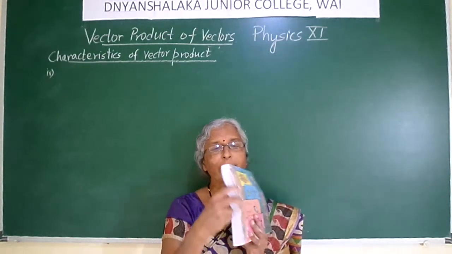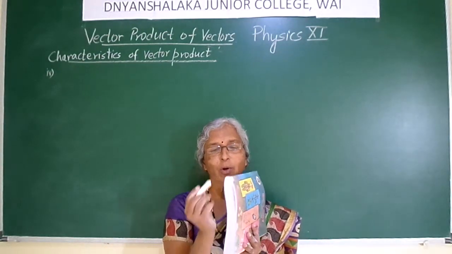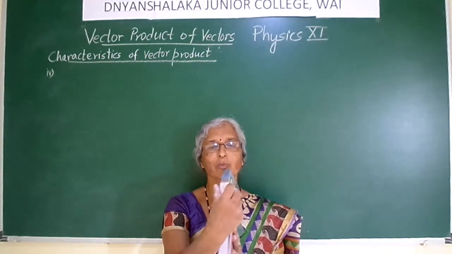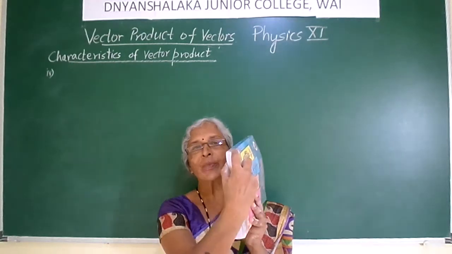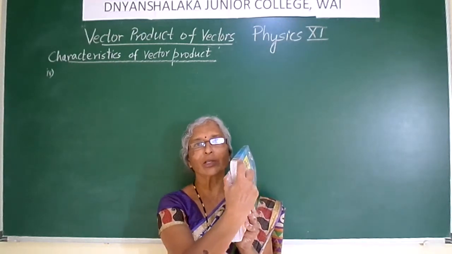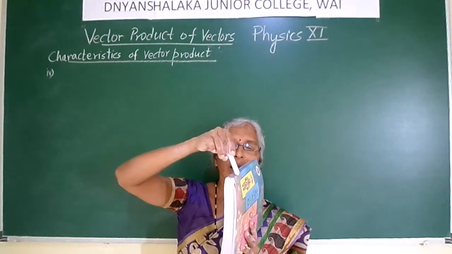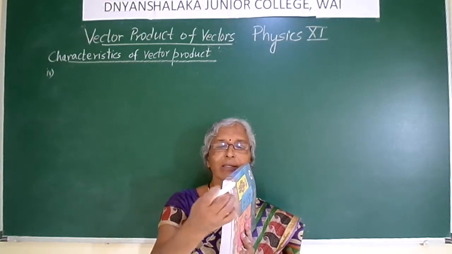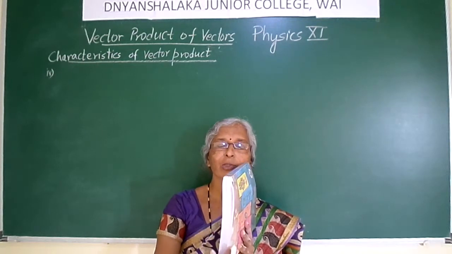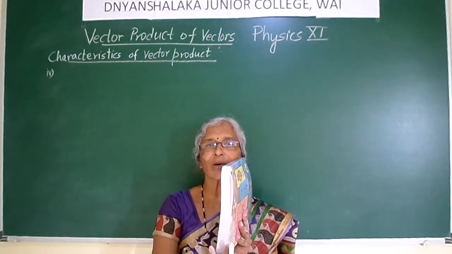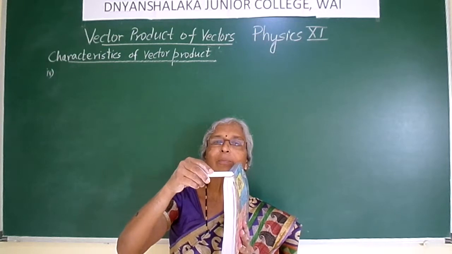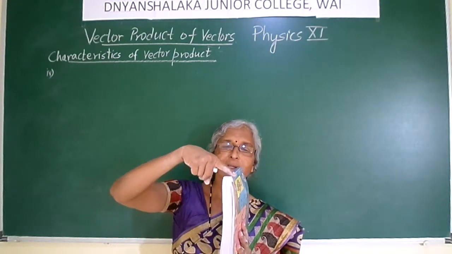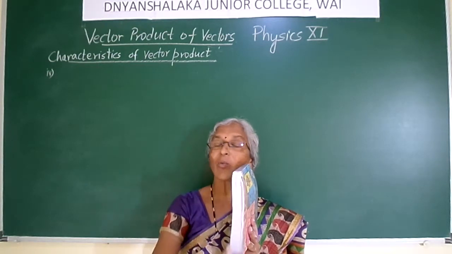Now if you take the corner of this book, this edge, this corner is the origin. Then I have one axis going in this direction. If I take this as the x-axis, then here I have one edge going in this direction. This becomes the y-axis and this will become the z-axis.